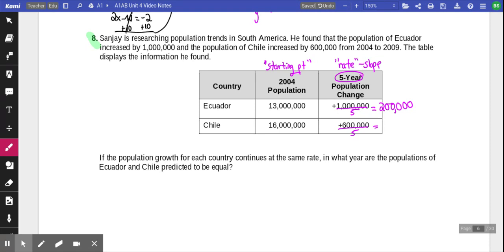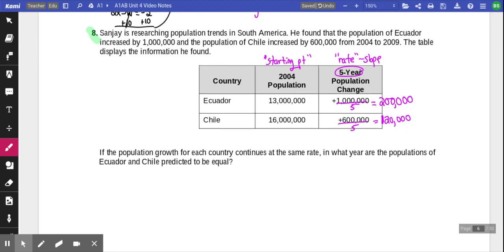In Chile, if we take 600,000 divided by 5, you're going to get 120,000. So that's the population rate per year for them. We need to create our equations, okay? So our equation for Ecuador would be, if we think about y is equal to mx plus b form, our starting point is our b value, our slope is our m value.